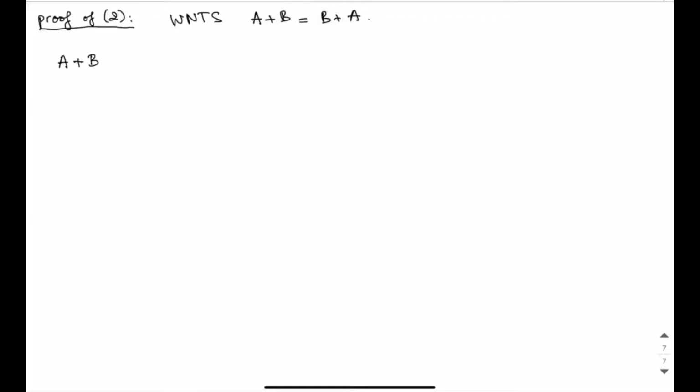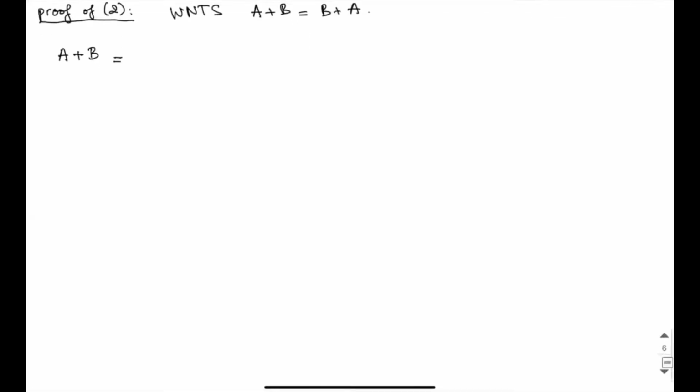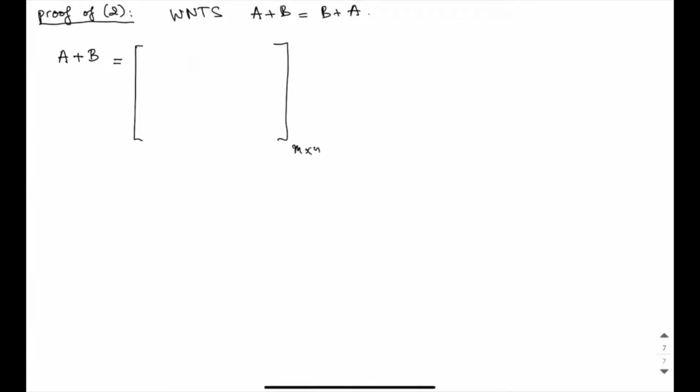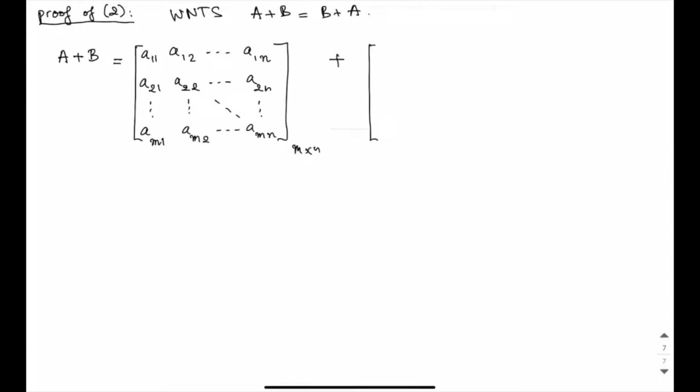Now if you start adding two matrices A and B, you know that you will have to add them entry-wise. So you will have to start with a matrix A of size m by n. If you want to write it down explicitly, you do this. And then you write down the matrix B explicitly.